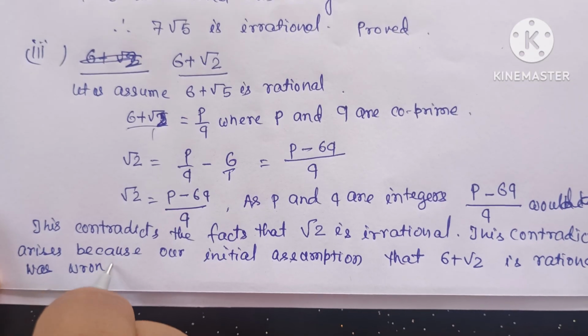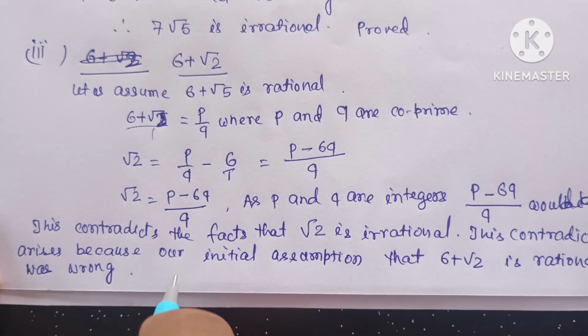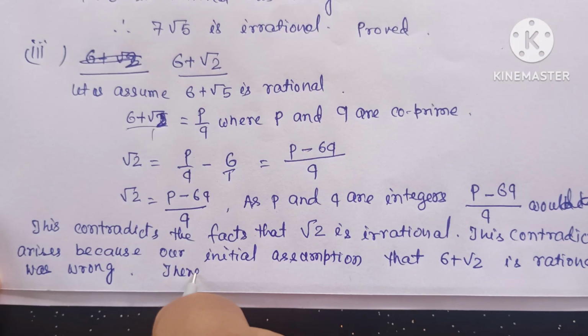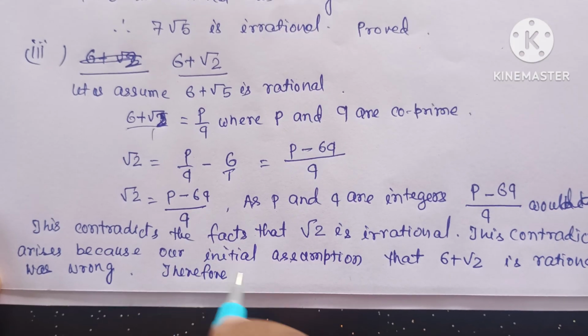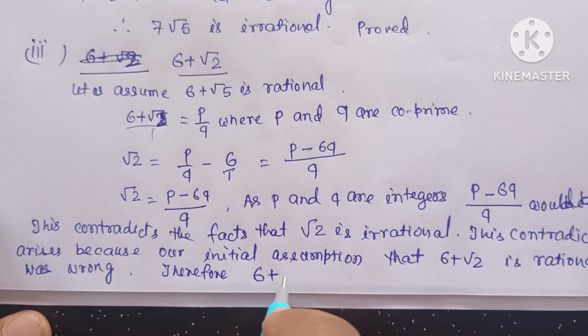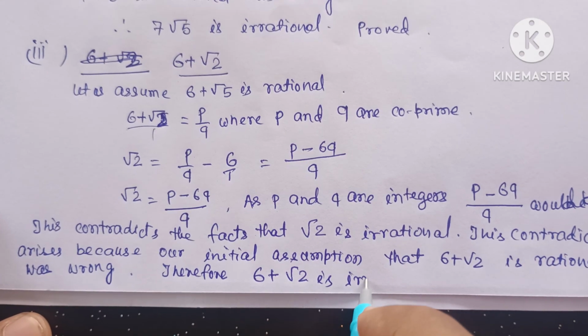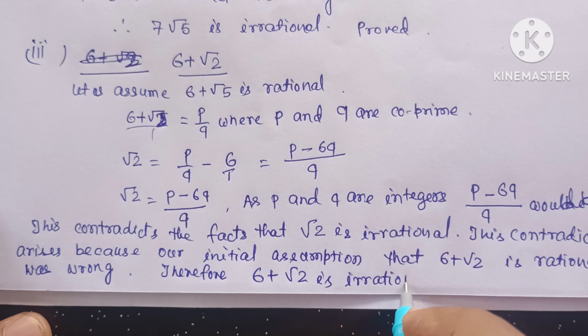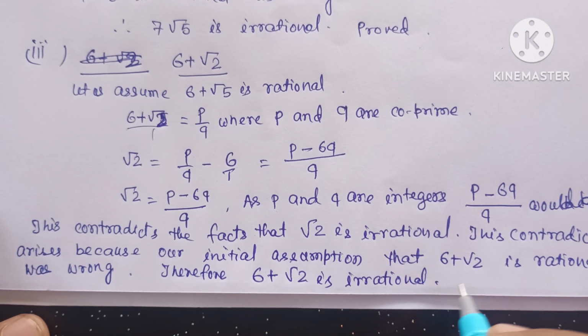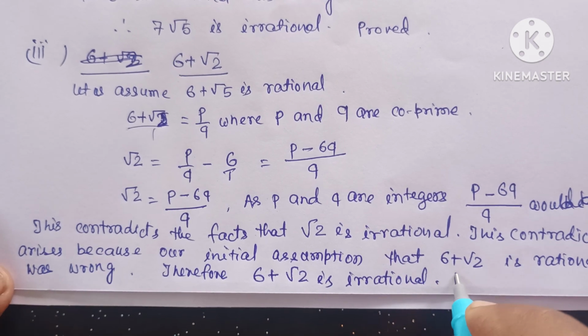Therefore, 6 plus root 2 is irrational. Very nice. So this we have proved. Hence, it is proved.